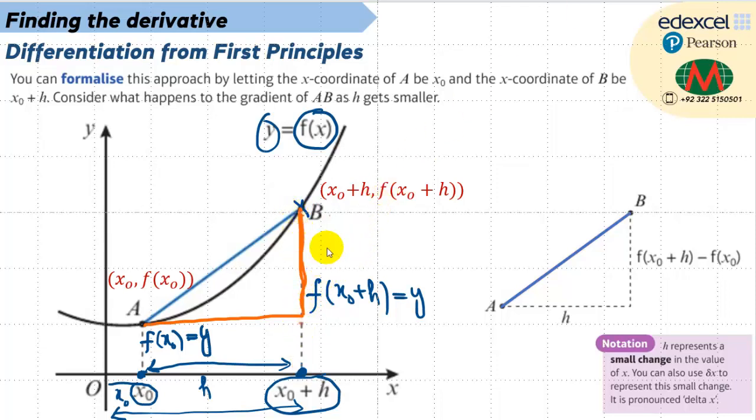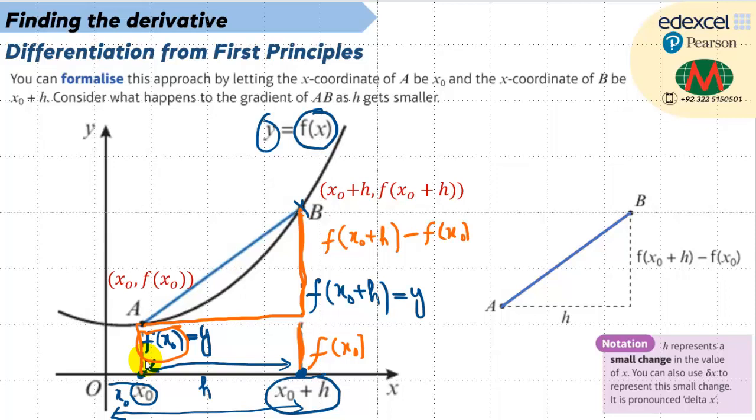Hence this rise is the whole distance from the bottom up to B, which is f of x naught plus h, and if we subtract this distance, which is f of x naught, this gives us the length of this side of the right angle triangle: f of x naught plus h minus f of x naught.